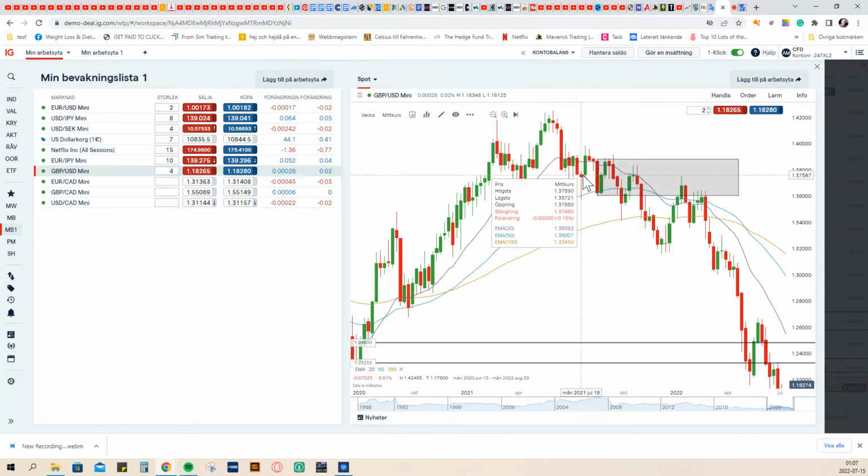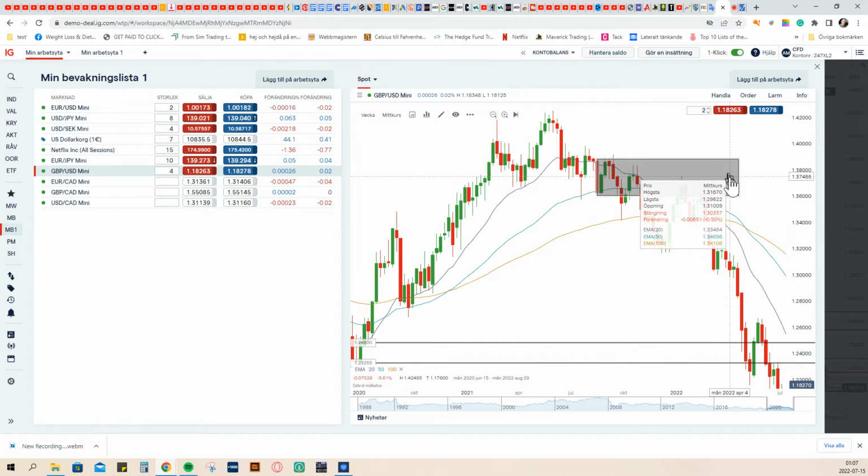Or you wait for this one, and then wait for a pullback inside this box, using a half pullback in this box here, like here. This is half. And here is your entry.